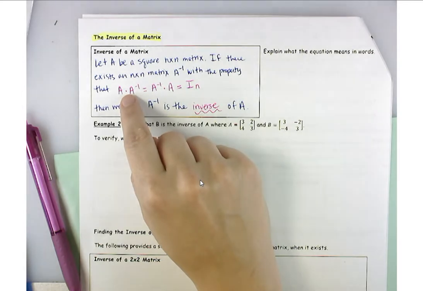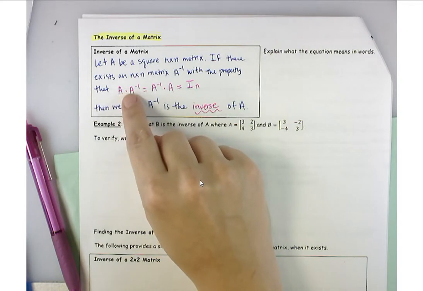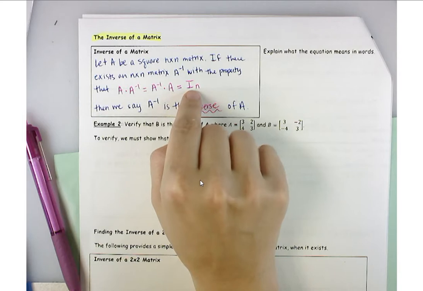Okay, you're multiplying the matrices together, right? So you're multiplying the matrix A by its inverse, and then what's your result going to be? The identity.